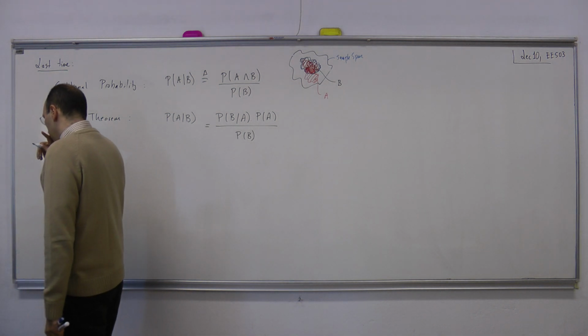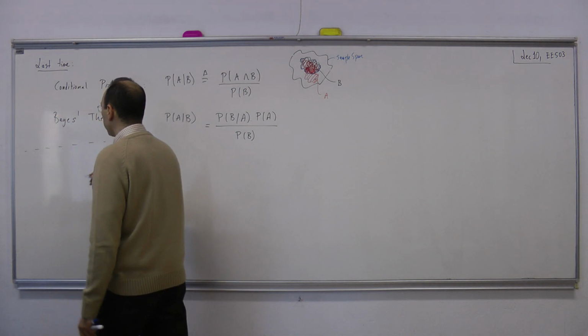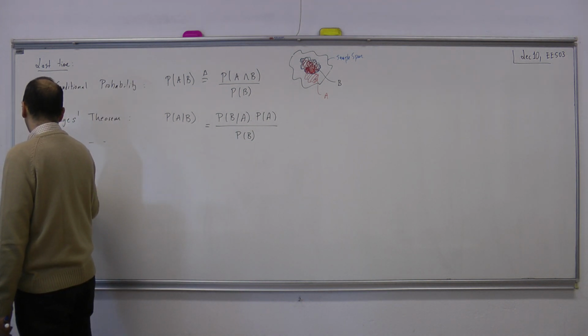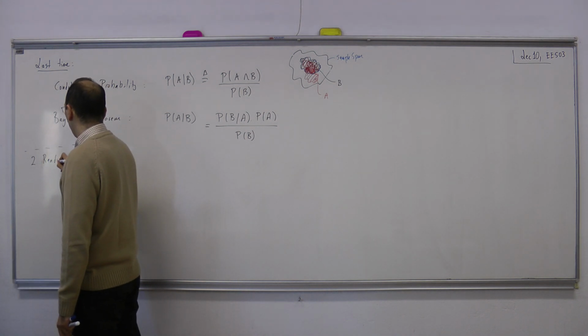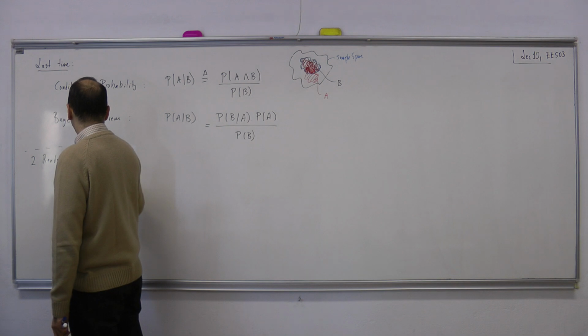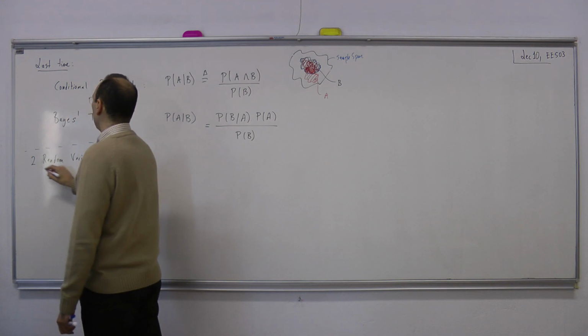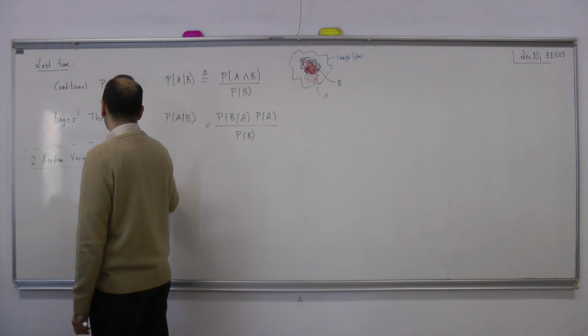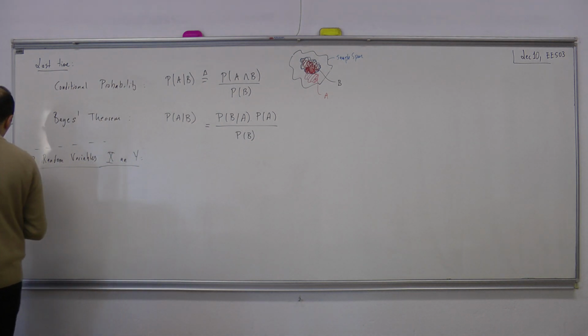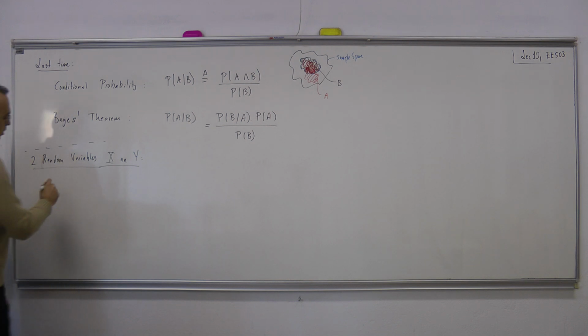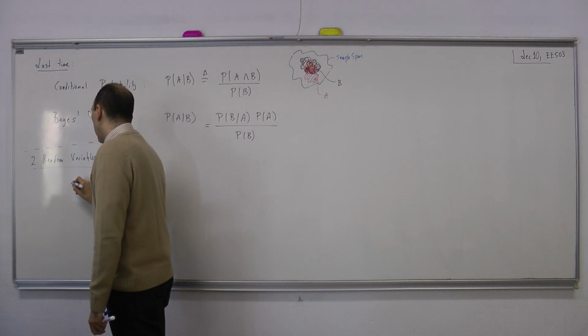Today let's start with two random variables. Let's say I have X and Y. If I have two random variables, what can I do? An important fact is marginalization.